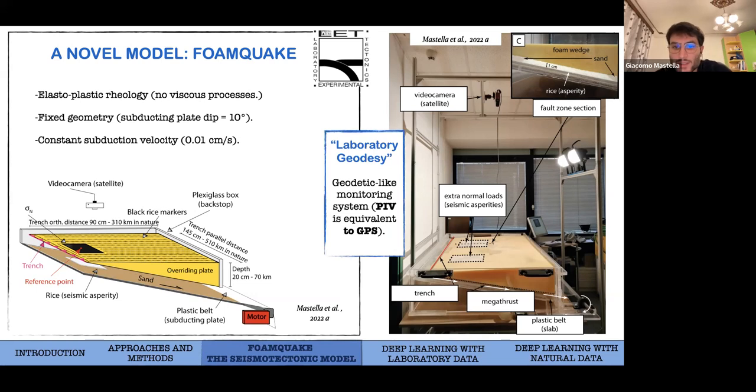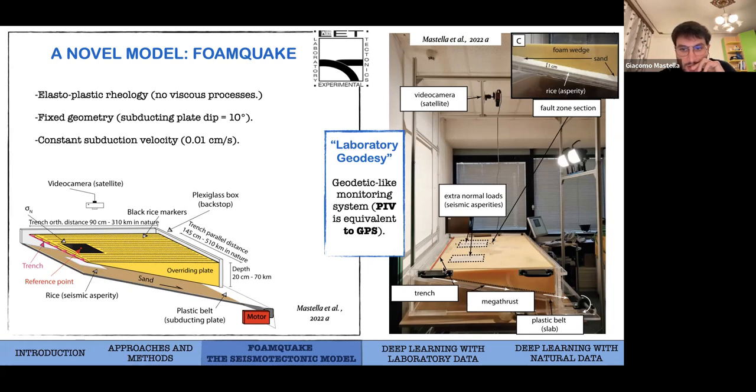The experimental model is monitored thanks to a high-resolution view camera, which acquires images at a very high frame rate. And thanks to the application of particle image velocimetry techniques, computing the cross-correlation between consecutive images, we can reconstruct the surface velocity field measured within the model surface.